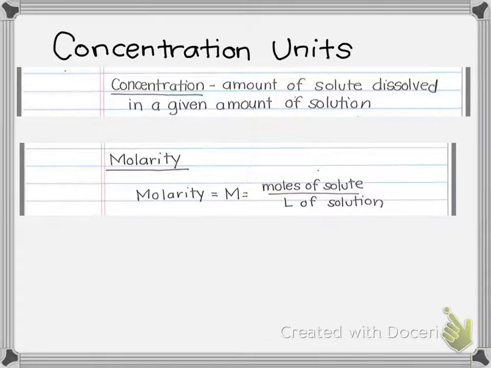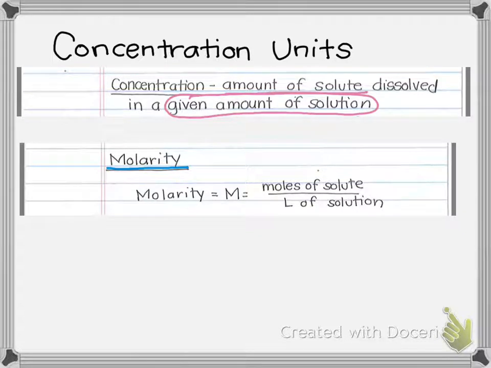Recall that what concentration expresses in a quantitative way using numbers is the amount of solute that is in a given amount of solution. Now there are several concentration units, but the one that is most common in the laboratory is molarity.